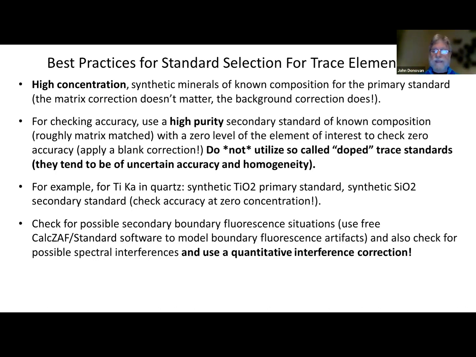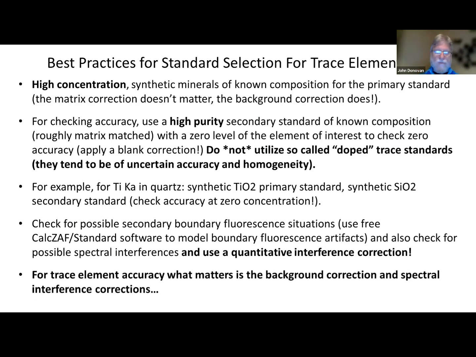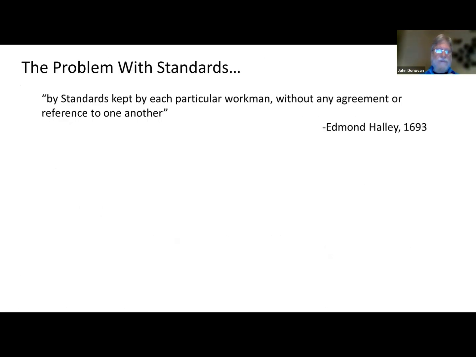Due to secondary fluorescence, we can actually excite that element depending on the exact physics situation, and we can obtain an artifact of that element, even if the electrons don't even leak into that other phase. Okay, so what matters in trace elements is background and spectral interference.